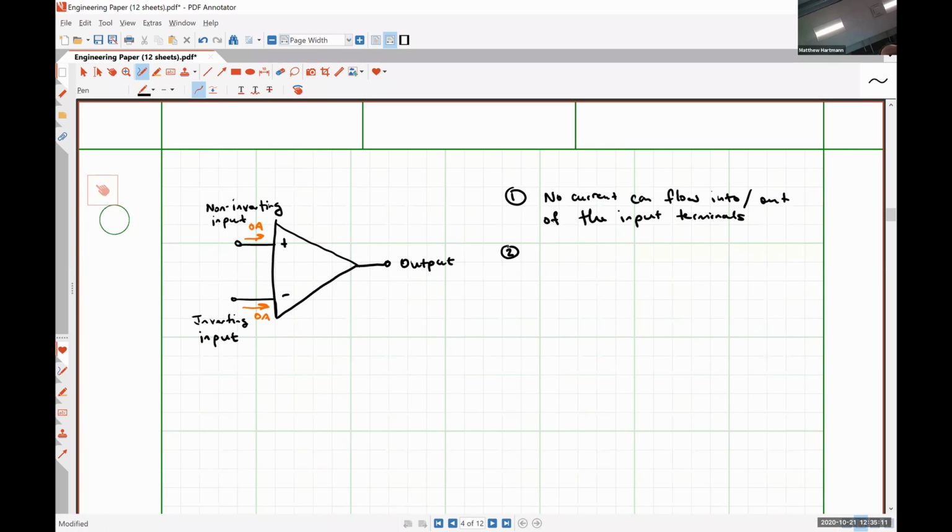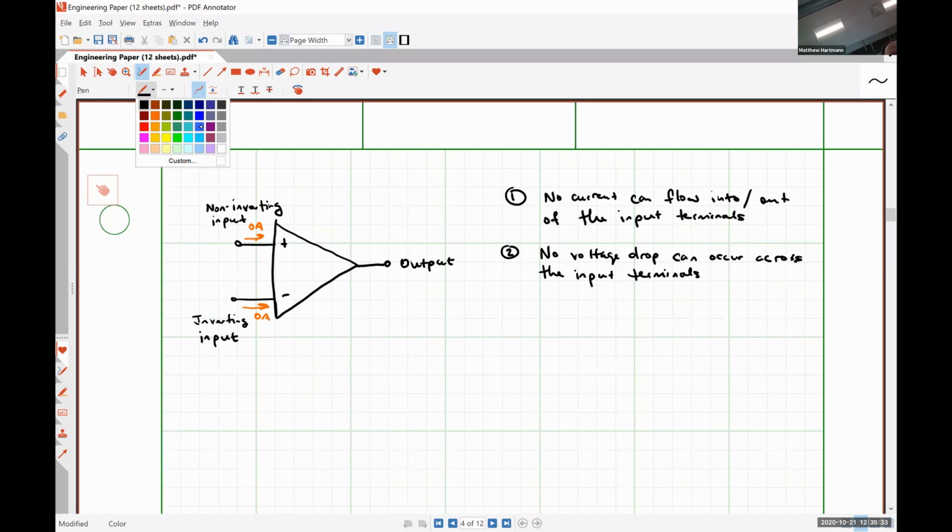And our second rule is that no voltage drop can occur across the input terminals, which means there's no voltage there.